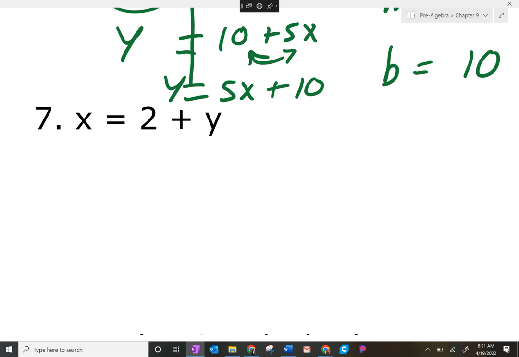And y has to be a positive value. 45 seconds, and now I'm going to go over it.